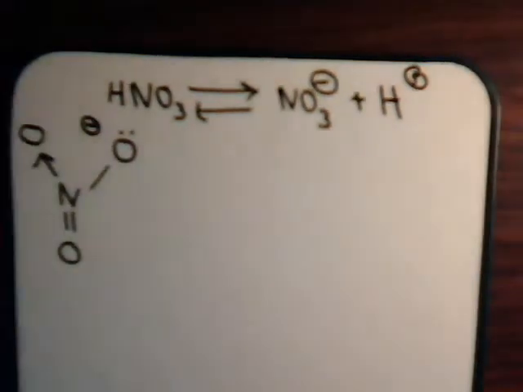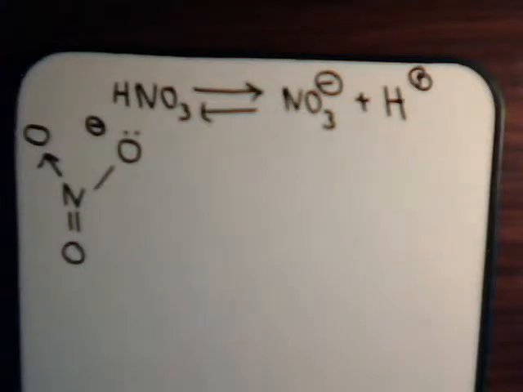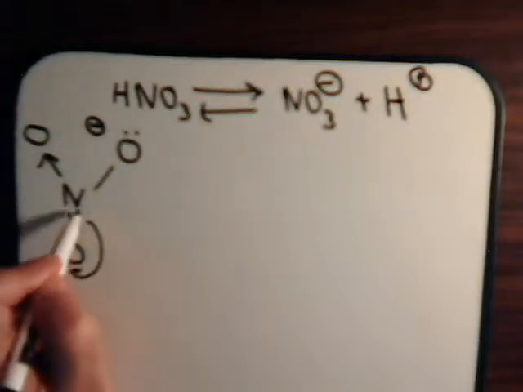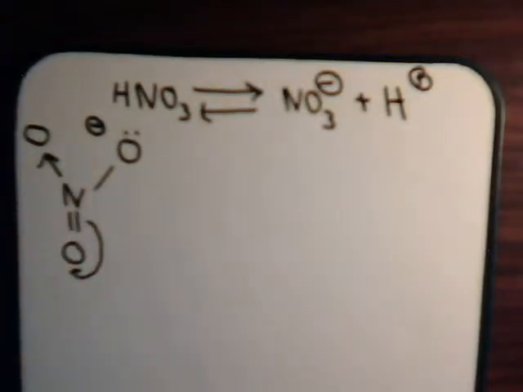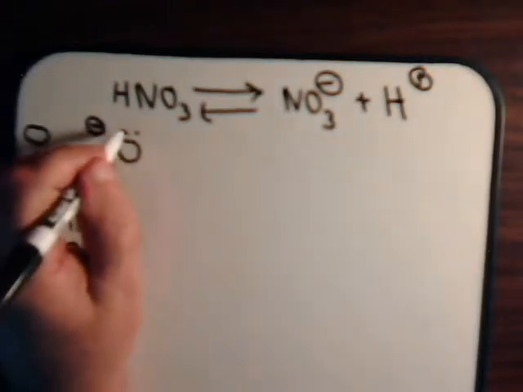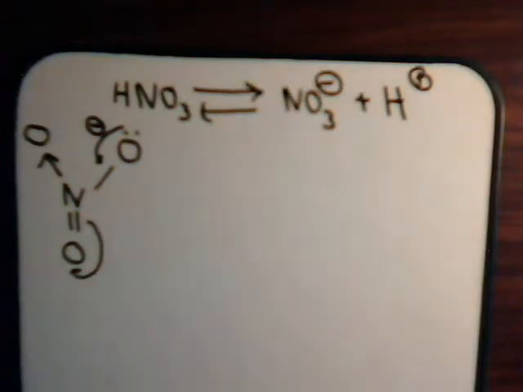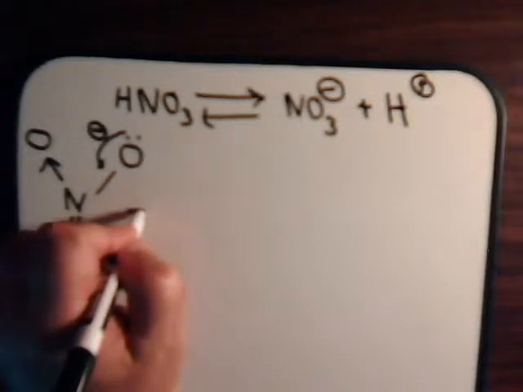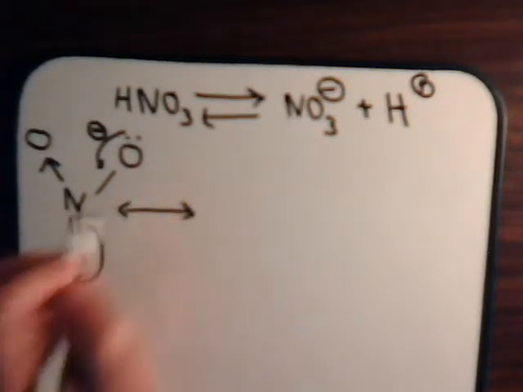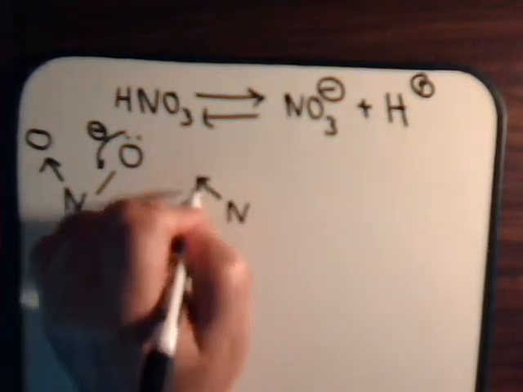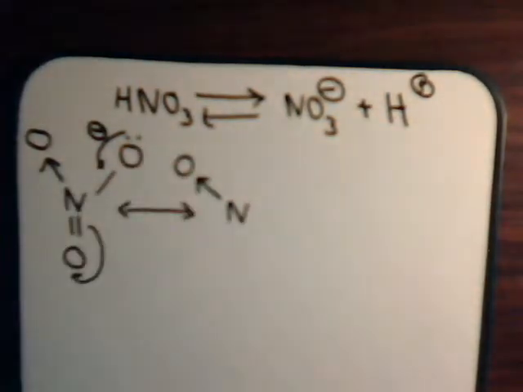So what you can imagine happening, if you've watched all the previous videos in this series, is this oxygen keeps both pi electrons that are in that bond, and then this lone pair of pi electrons comes in to form the double bond with nitrogen. So one resonance structure looks like this. The coordinate bond is here.